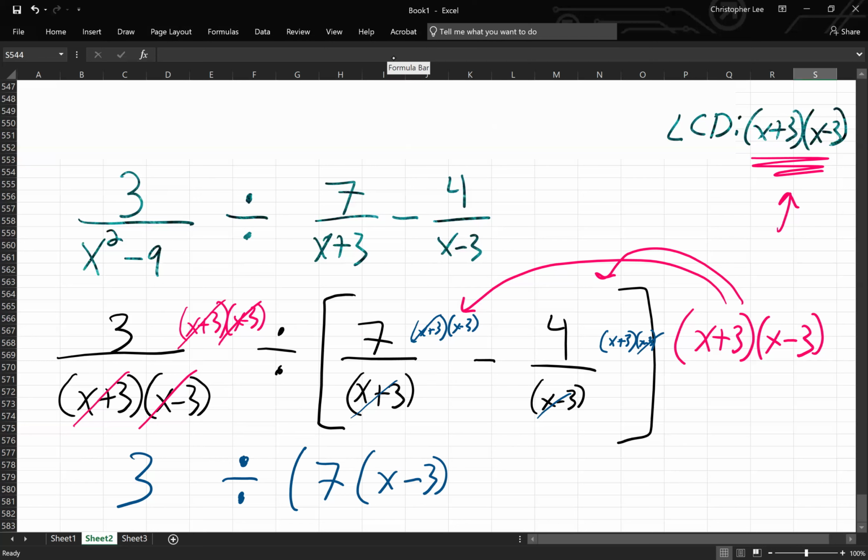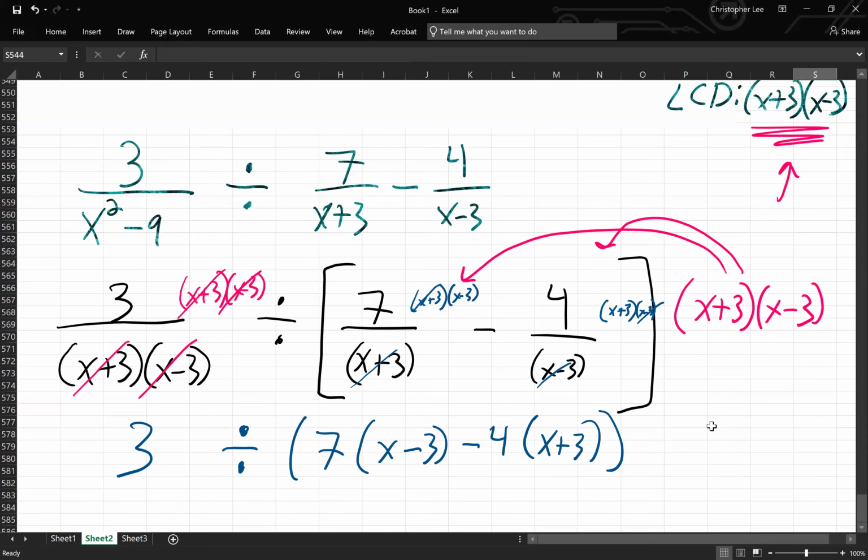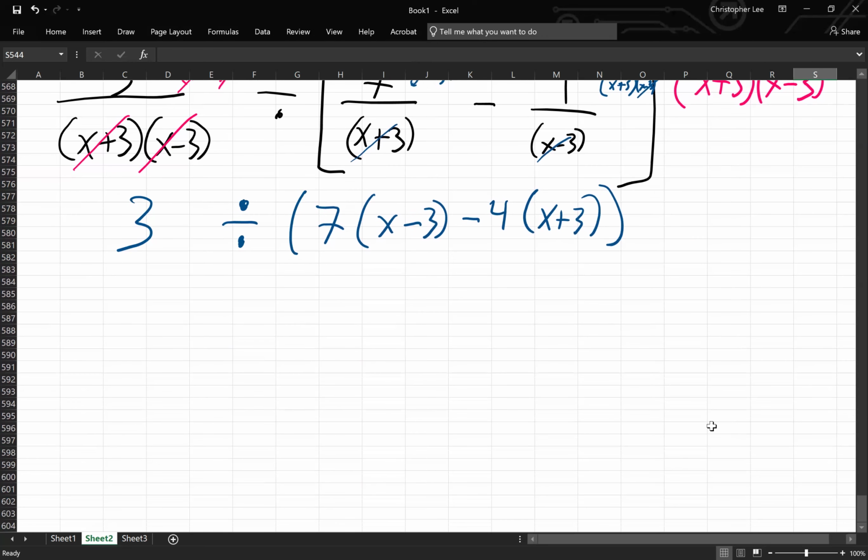These will cancel, leaving back the minus 4 times x plus 3. After this, all you have to do is simplify that second part. Distribute, combine like terms, all that good stuff.